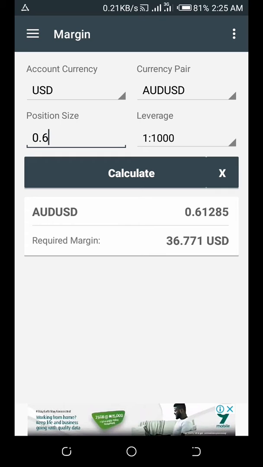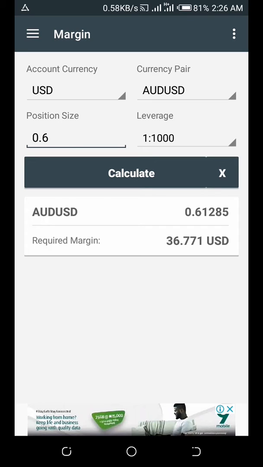You see that my required margin is 36.771. I didn't use all the 50. Your required margin must not give you 50. For a $50 account, you must have like more than up to $20 more than your required margin.